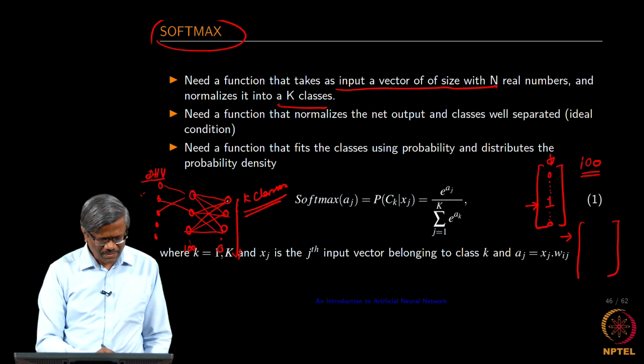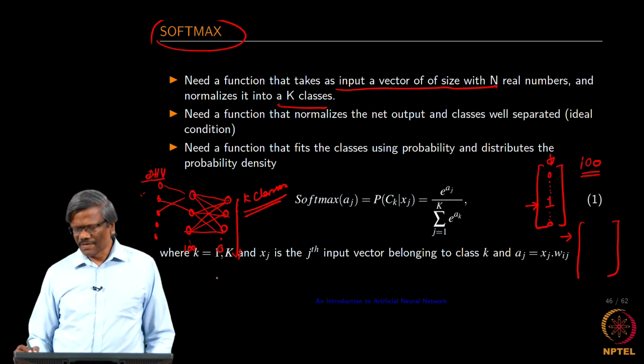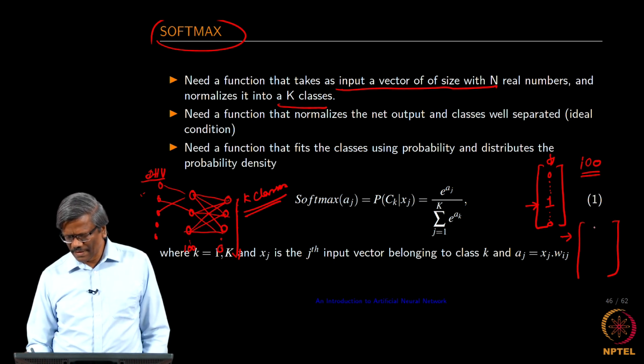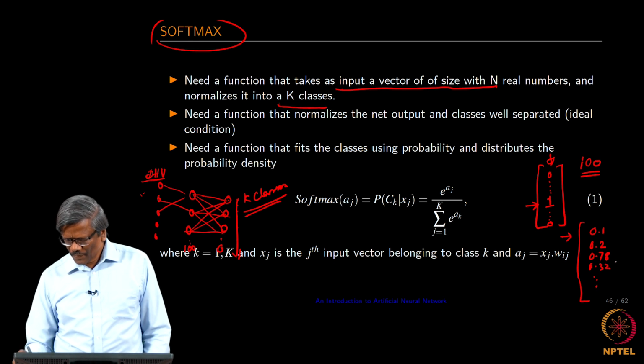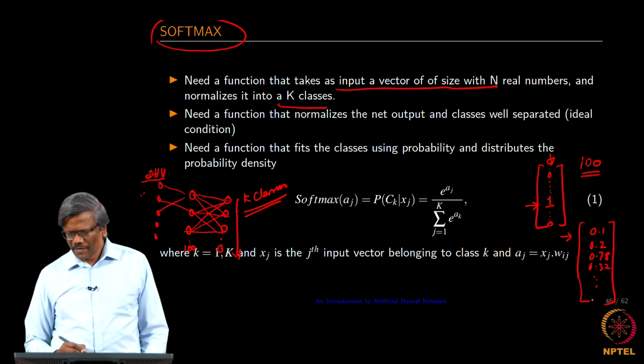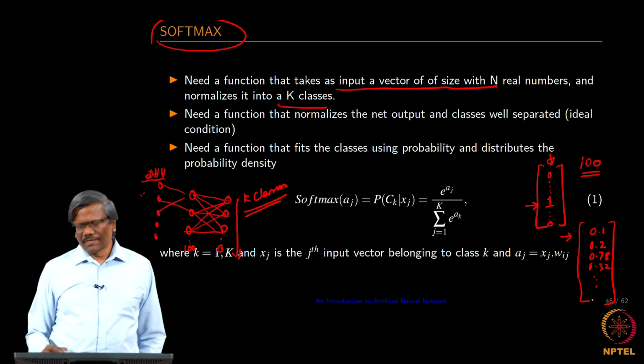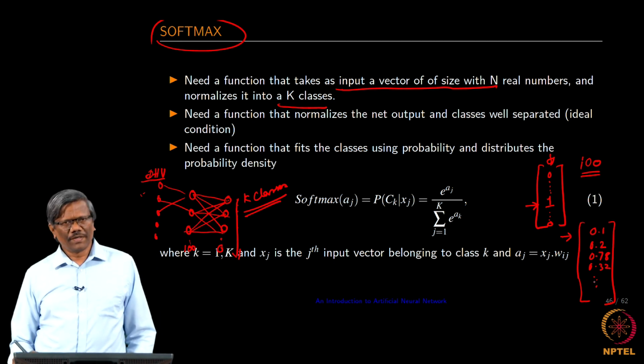All the elements or all the neurons will have some values. Let us say that they are ranging from 0, 1, 0, and so on. And they are not bounded in any way.